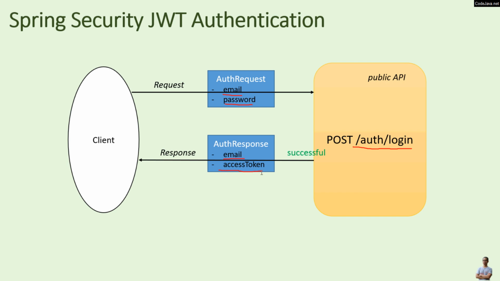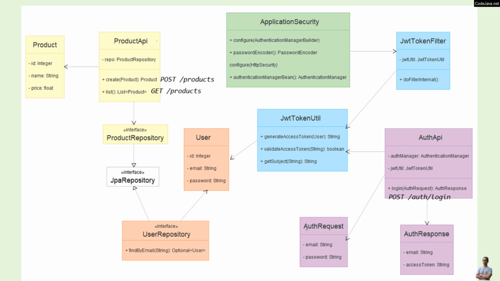The access token is actually a JWT, a JSON web token. Else, if the authentication failed, return HTTP status 401 unauthorized. So in Java code, we need to create the AuthRequest class, AuthResponse, and AuthApi.